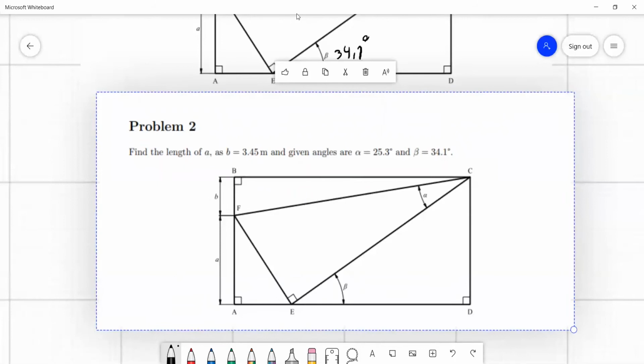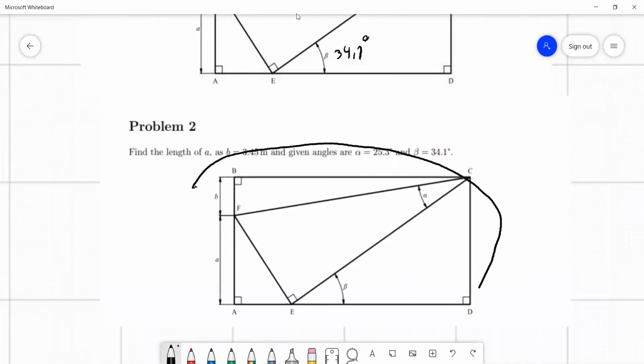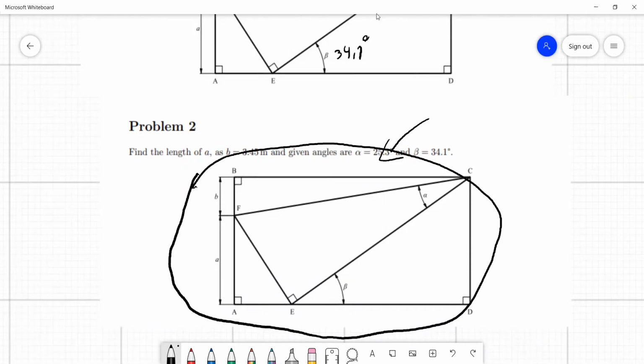So the whole thing, if you look at it from this point of view, is inside a rectangle. And within this rectangle, there are four triangles. We can go by naming them. Triangle number one, which is this one. Maybe I change the color now. For triangle number two, let's call this one triangle number two.